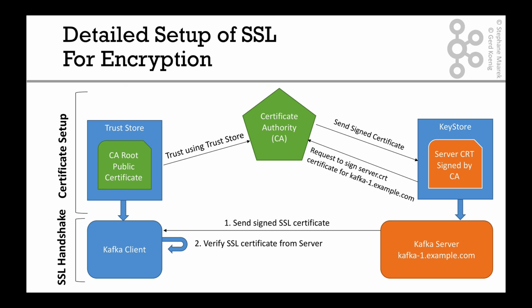Now the Kafka client is going to verify the SSL certificate from the server. It needs to make sure that it is a good one, that it is legit. And for this, to verify the SSL certificate, it will use its trust store. Then, once it's agreed that the SSL certificate is good, it will be a secure SSL encrypted communication between the client and the server.